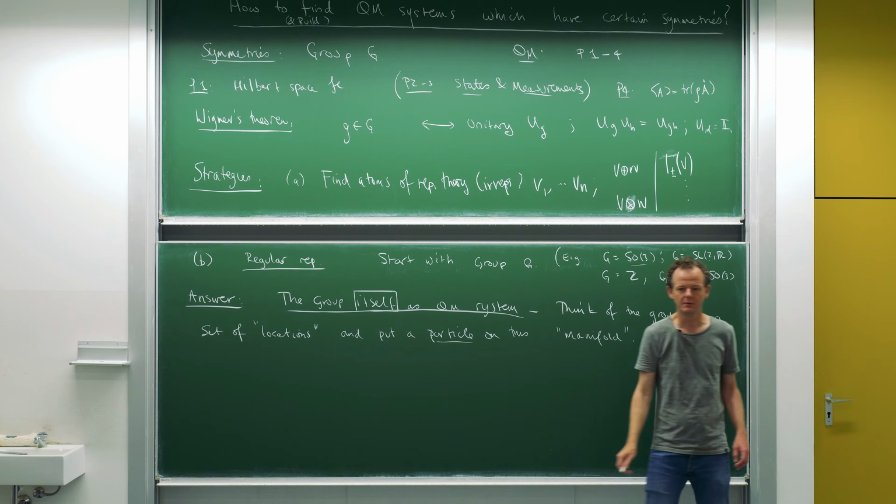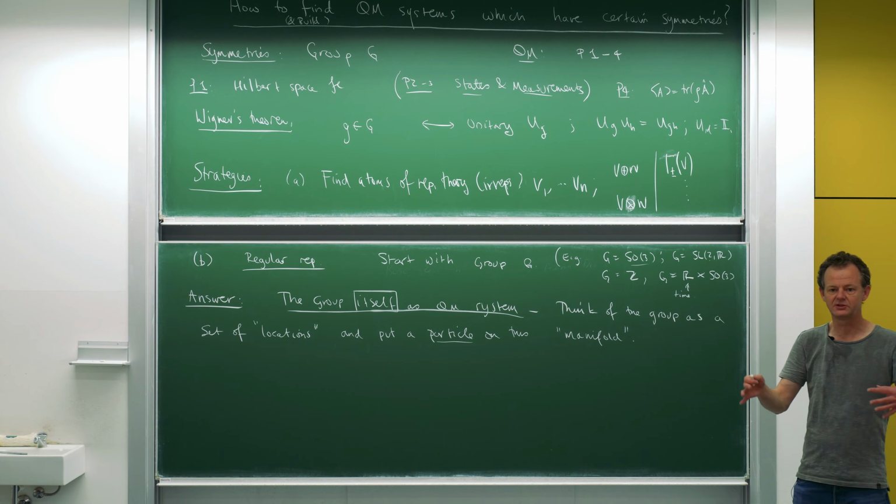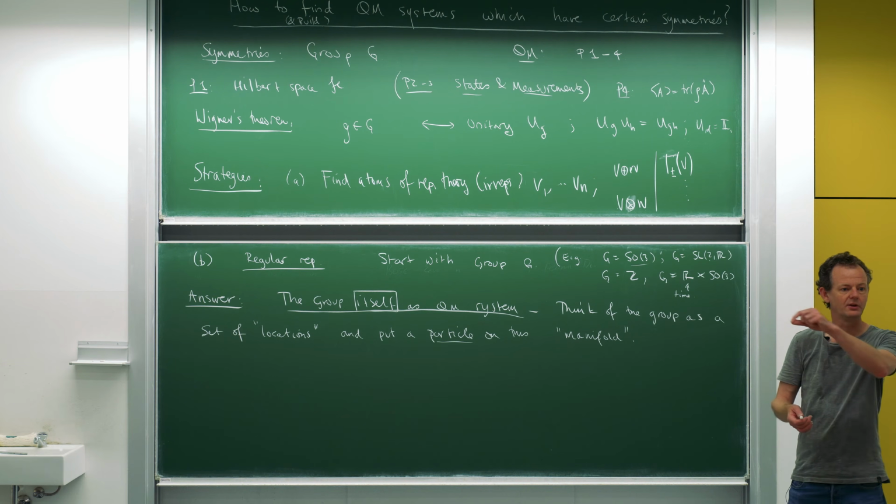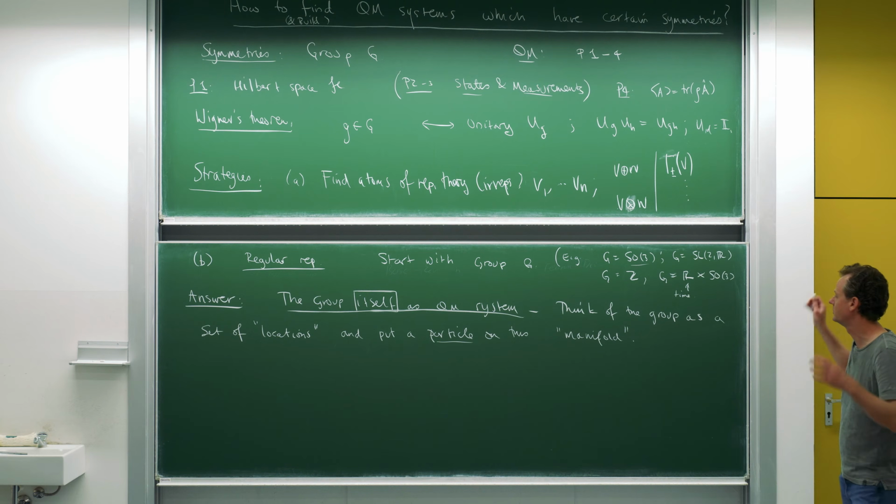So here the physical picture is that you think of the group itself as just a bunch of places where something can be. And you then imagine you have a particle that's moving around on this manifold of locations.